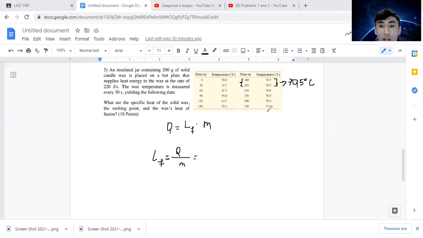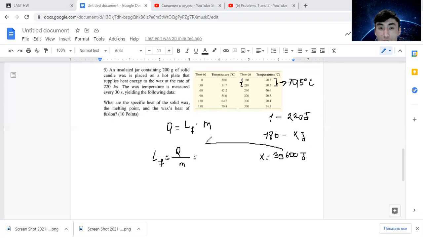So we need to find the heat in 180 seconds. We know that in 1 second 220 joule was supplied, and in 180 seconds x joule. Simple proportion, x equal to 39,600 joule.